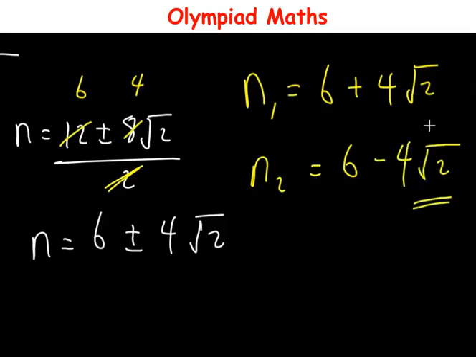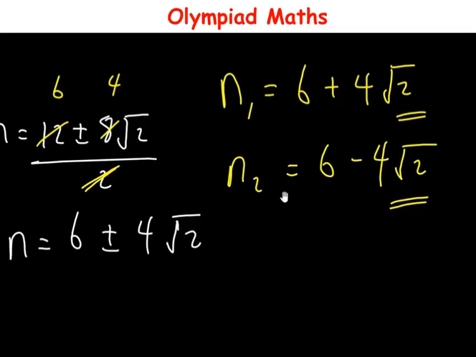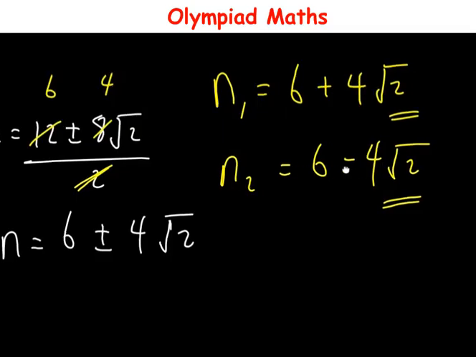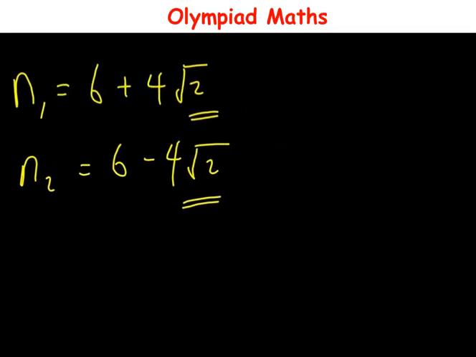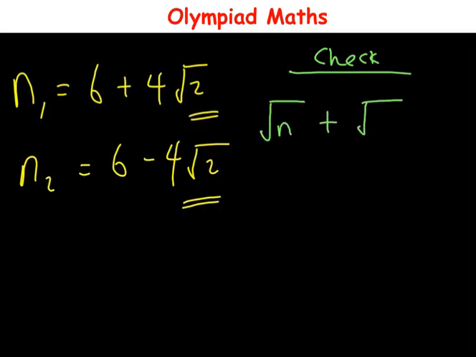Now, these are the two solutions for the value of n. So, the next thing for us to do is to then verify if these two solutions are the correct solution for the given question. So, let us check it out right here. Let's check. The given question is root n plus root 2 equals 2.